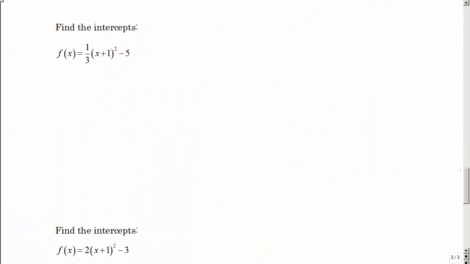Let's just practice a couple more. So we're going to find the intercepts. So we're going to say 0 equals this. That's one of them. And the other one is where you put in 0 for x. Oops, that's not a plus. That's a minus.